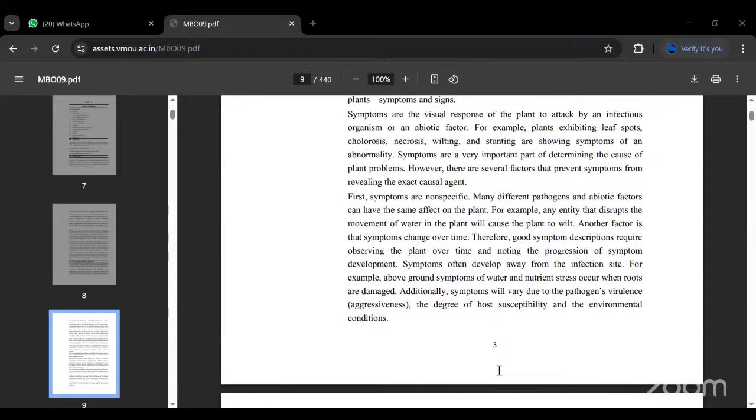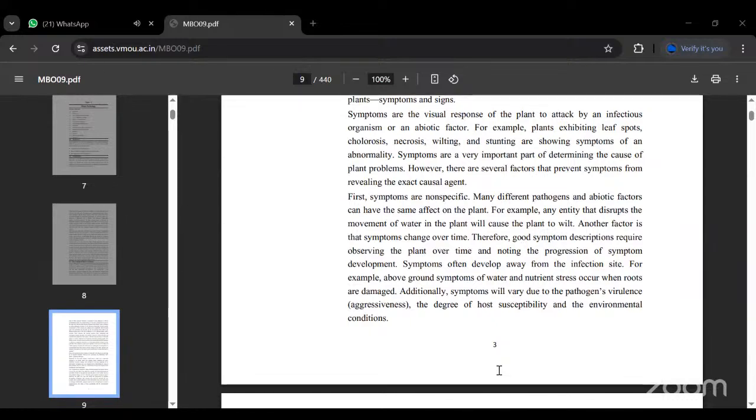Another factor is that symptoms change over time. Therefore, a good symptom description requires observing the plant over time and noting the progression of symptom development. The symptoms often develop away from the infection site.